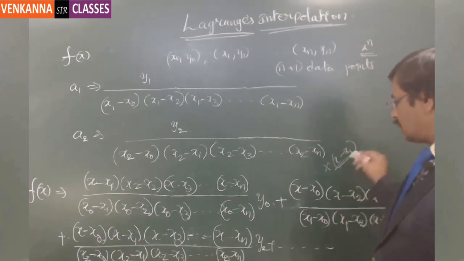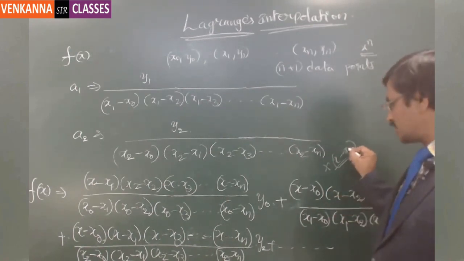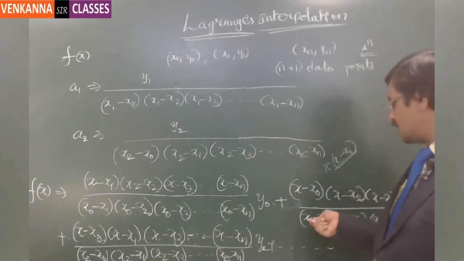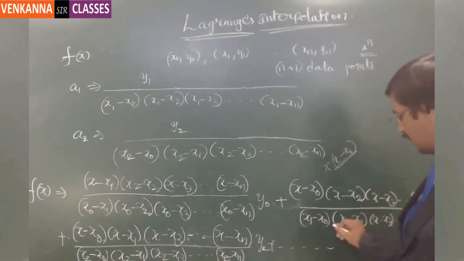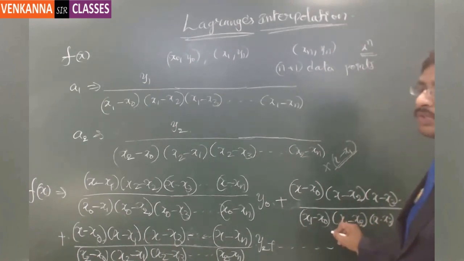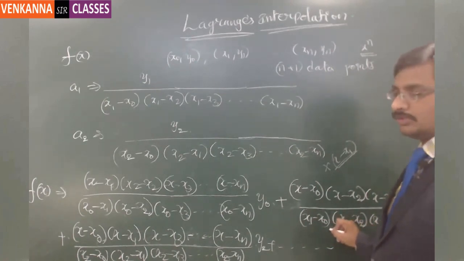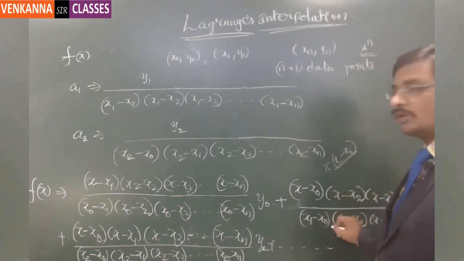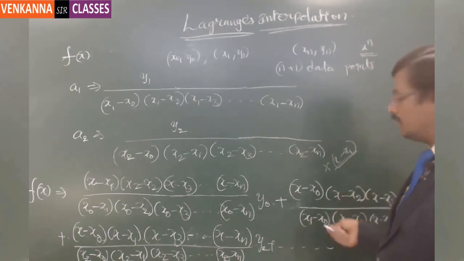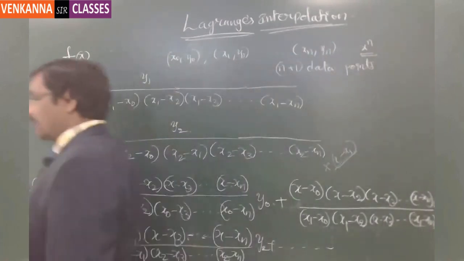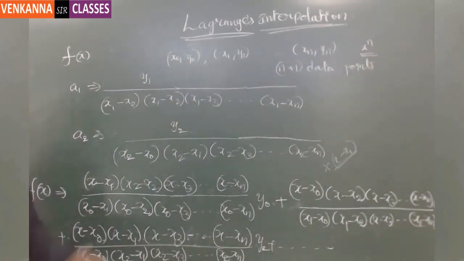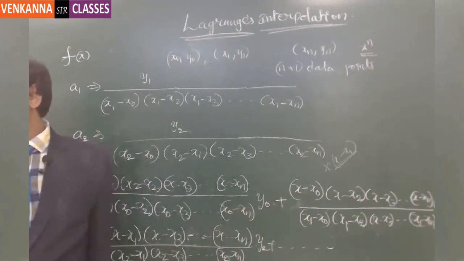In the denominator, whatever is left here, that is x1. So it starts with x1. x1 minus x0, x1 minus x2, and x1 minus x3 like this. And here if you notice, x1 minus x1 won't be there, because that will become 0. So the rest of the terms will be present there. Like this the entire polynomial will continue up to the last data point of xn and yn.